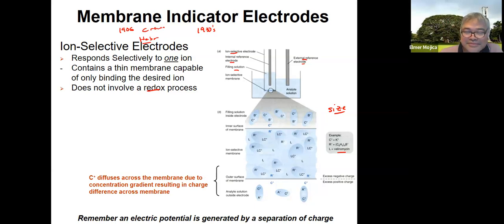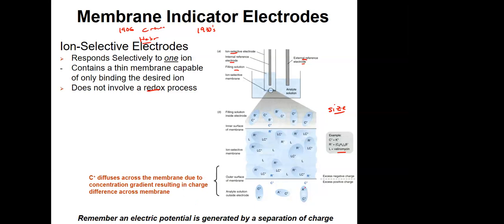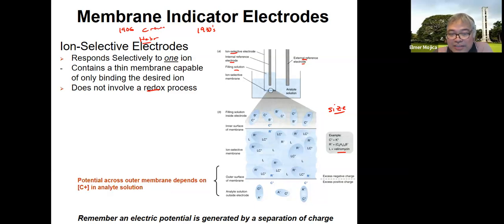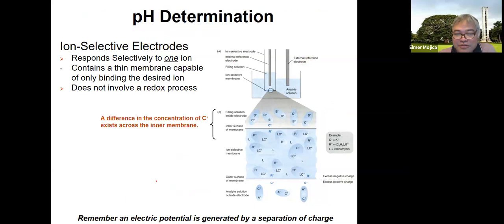Anyone? What mass transport is generated here? Diffusion, po. Okay, so there is diffusion, due to a difference in concentration. And there is a potential across the outer membrane that depends on the K+ concentration in the analyte solution.